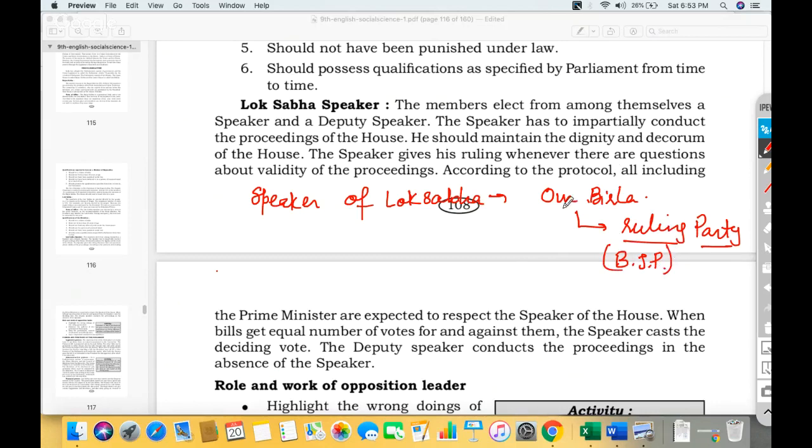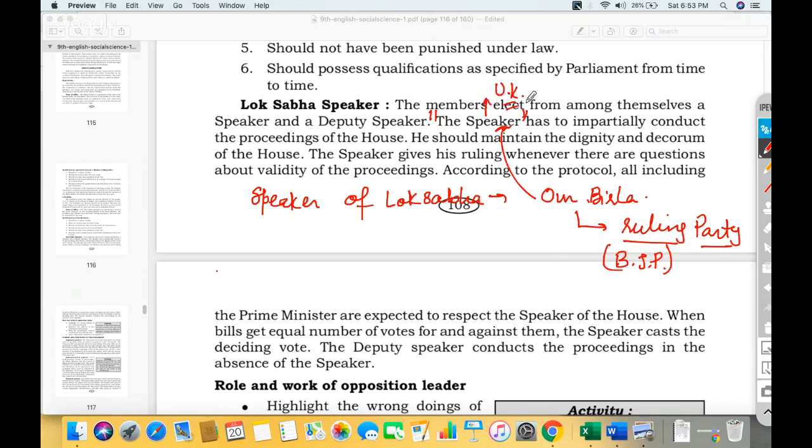Now, as soon as a member of the ruling party is promoted as speaker, he has to shed his party ties. It is not written in the Indian constitution that he has to leave the membership of the party he comes from, but there are different countries where it has been written, like in the UK.